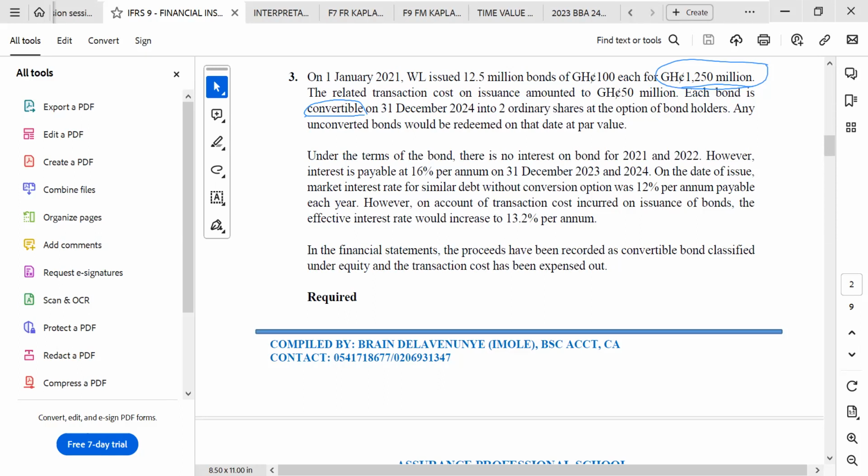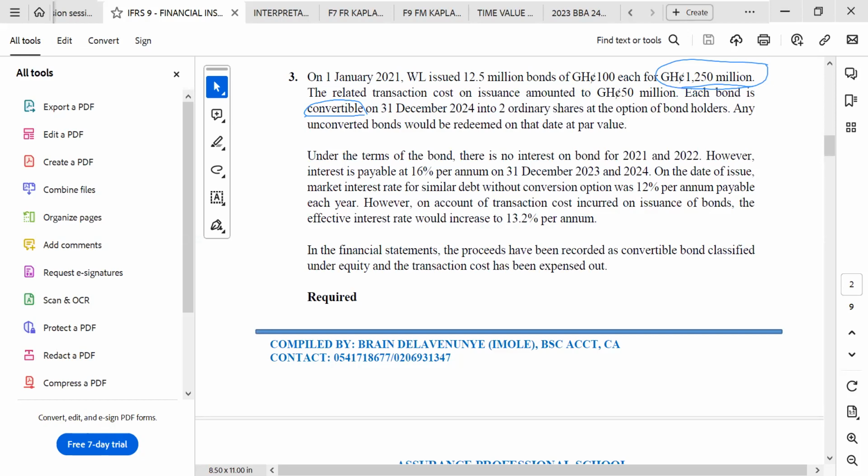Any unconverted bonds will be redeemed on that date at par. Under the terms of the bond, there is no interest on the bond for 2021 and 2022. However, interest is payable at 16% per annum on 31 December 2023 and 2024.